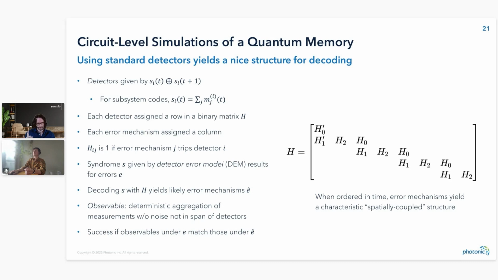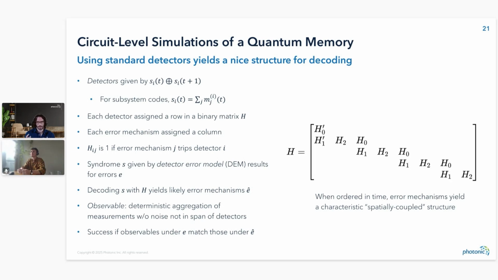You take this list of error mechanisms that have fired in your circuit, you multiply H on the right by this list of error mechanisms, and this gives you essentially a syndrome for those error mechanisms having fired. And then the goal is, given this syndrome S without knowing E directly, to use H to decode S to find whatever the most likely error mechanism E hat is.